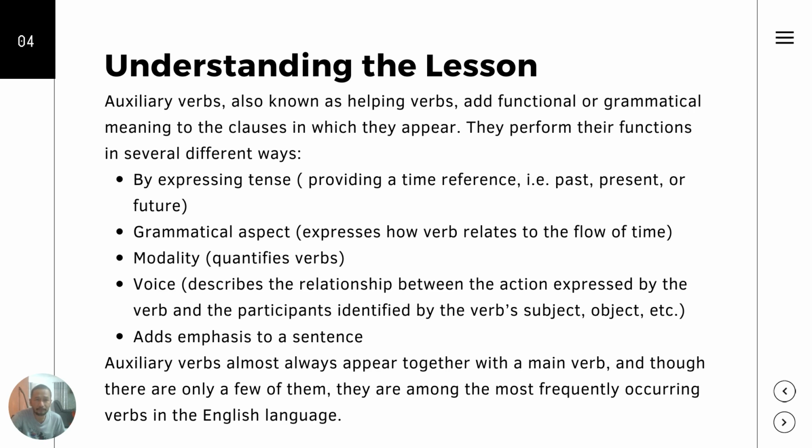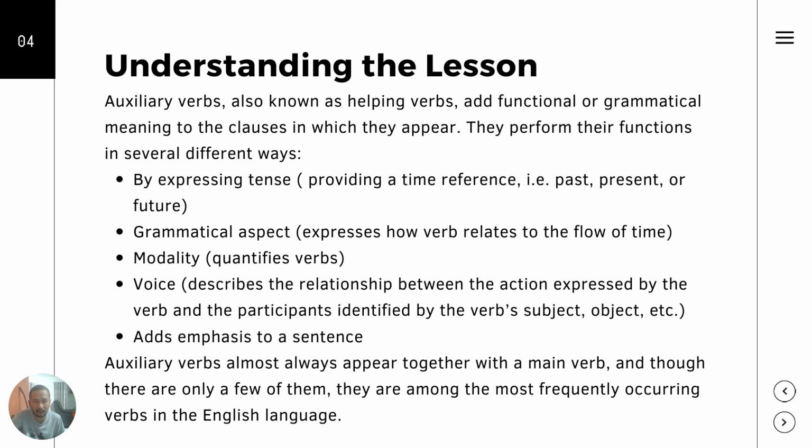Understanding the lesson: auxiliary verbs, also known as helping verbs, as we mentioned just now, add functional or grammatical meaning to a clause in which they appear. They perform the function in several different ways by expressing tense, providing time reference: past, present, and future. Grammatical aspect expresses how the verb relates to the flow of time.